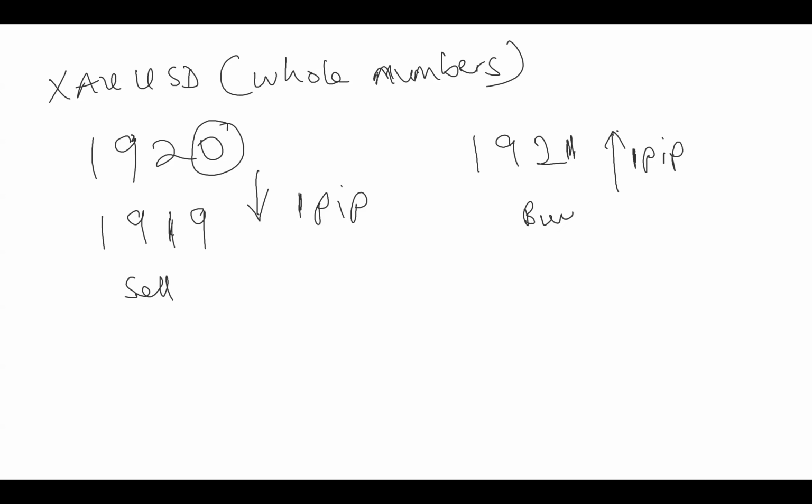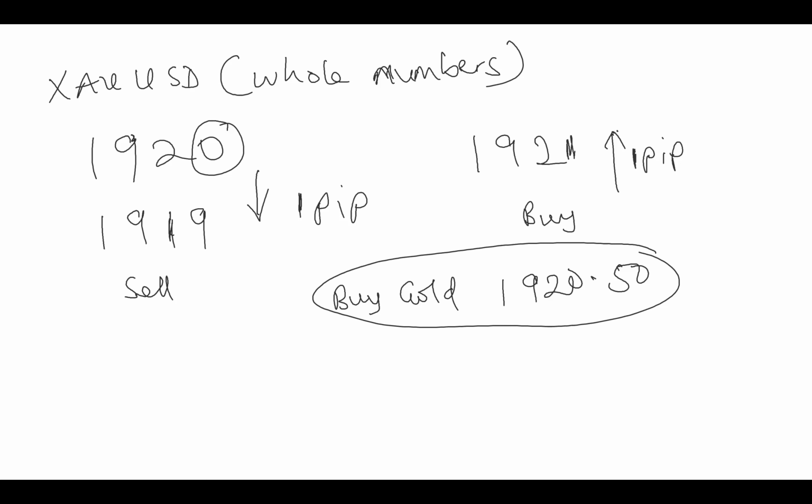So if you get a trade signal that says buy gold 1920.50, just like this, if you actually get something like this, buy gold, this is it. Don't be confused about the decimal.